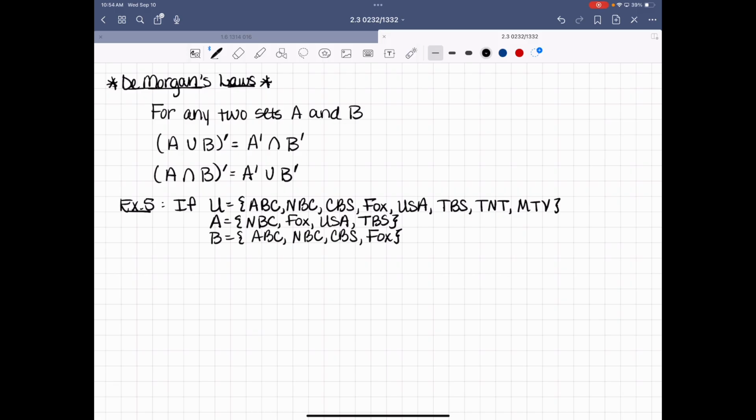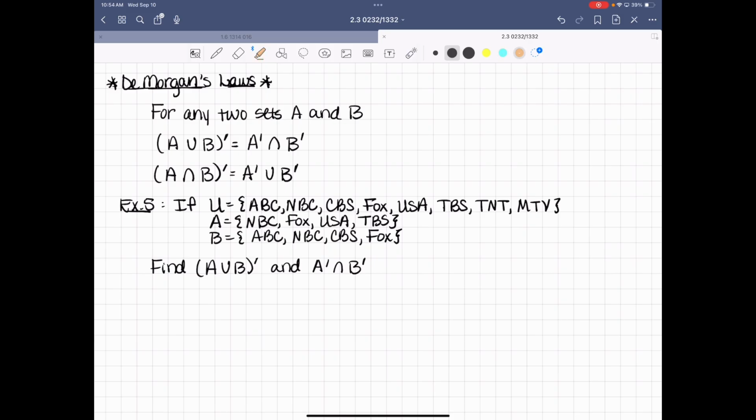Two subsets. So at least it's only two. We want to find the complement of A union B and complement A intersection complement B.